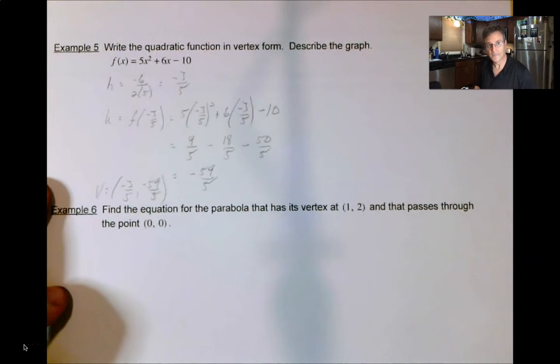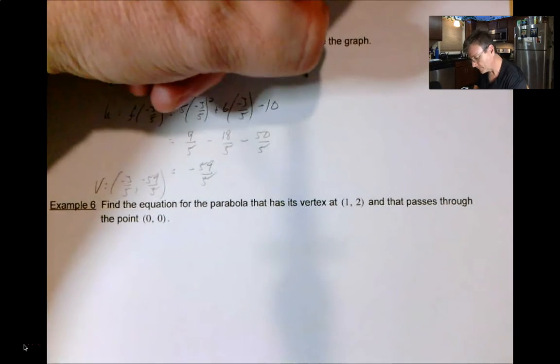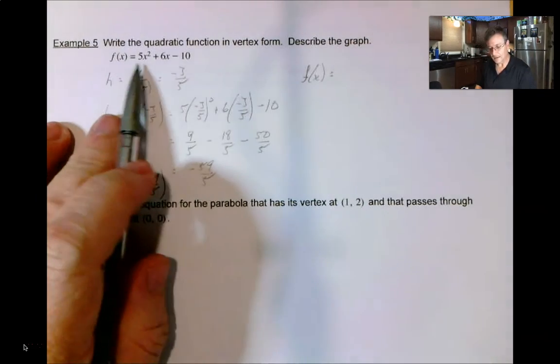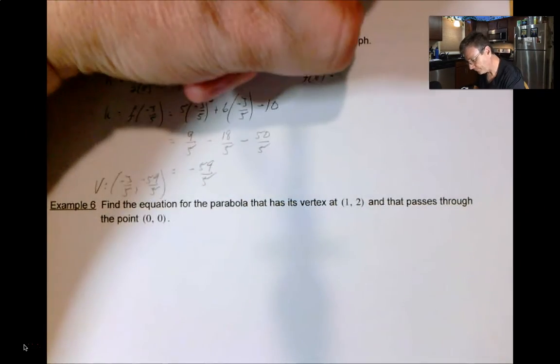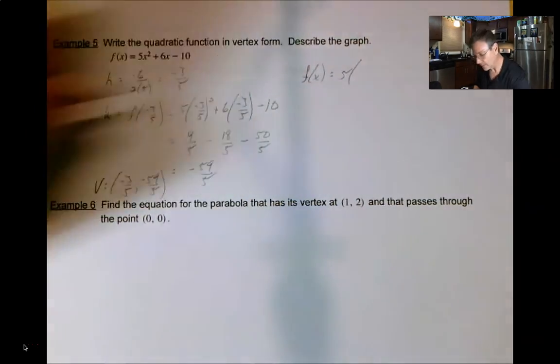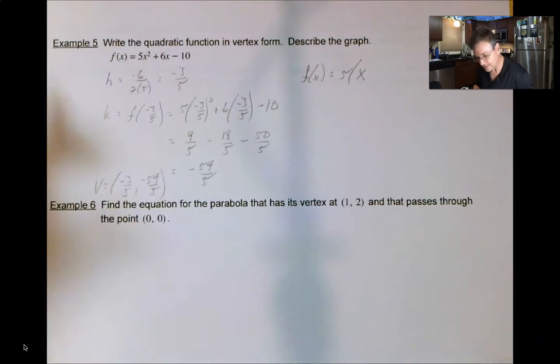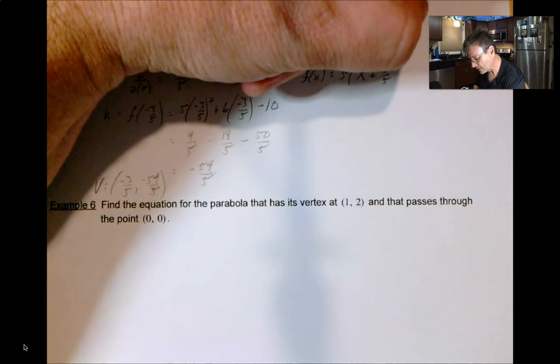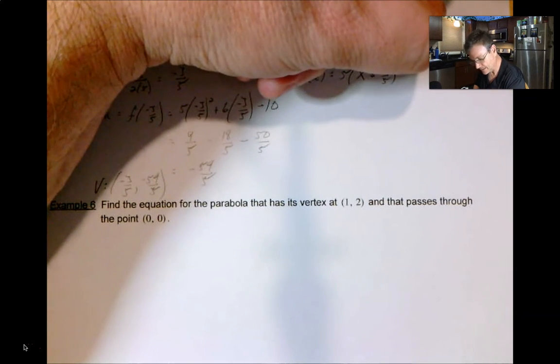And writing the vertex form, f of x equals, our a is 5, times x minus a negative 3 fifths, or plus 3 fifths. I'm going to change that in a second.